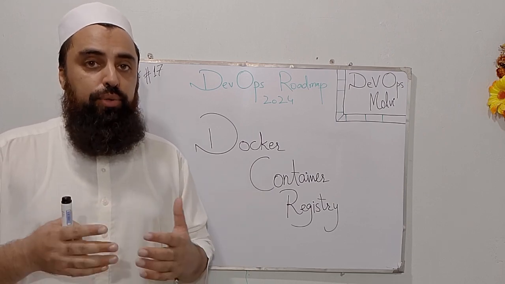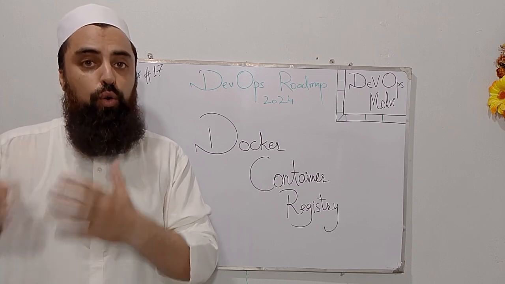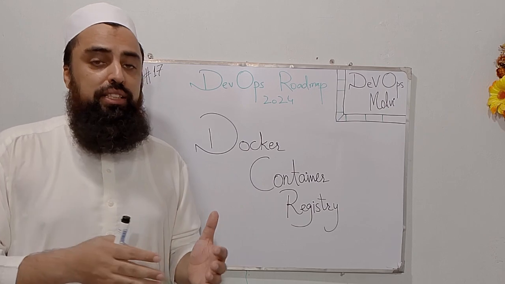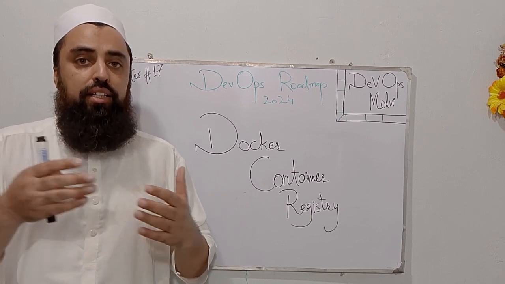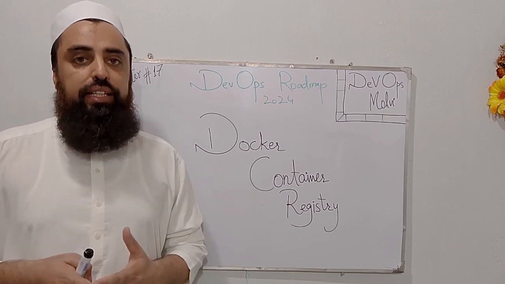The Docker Container Registry is a public cloud registry where we can host the Docker images, so that those images can be pulled on other developer systems and worked on by other software engineers.